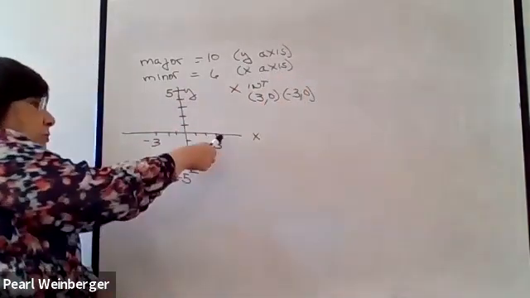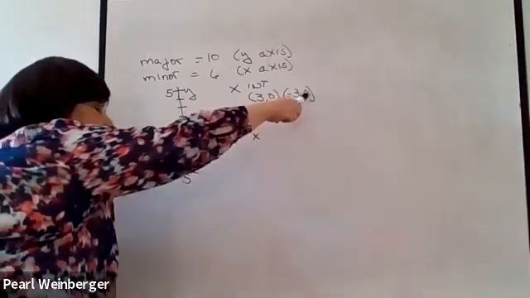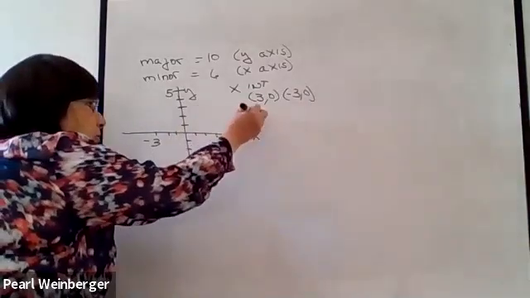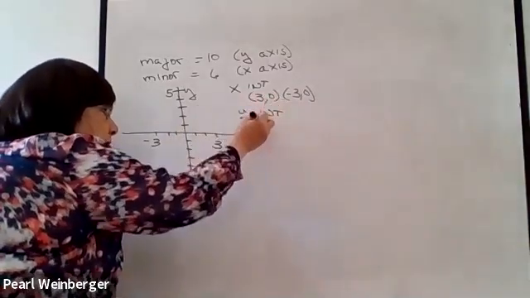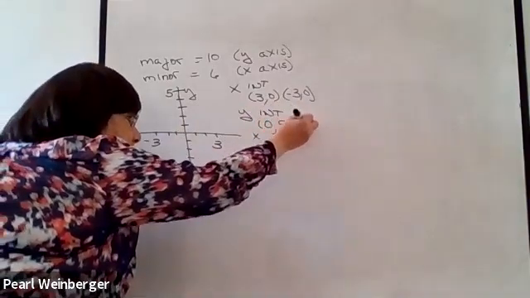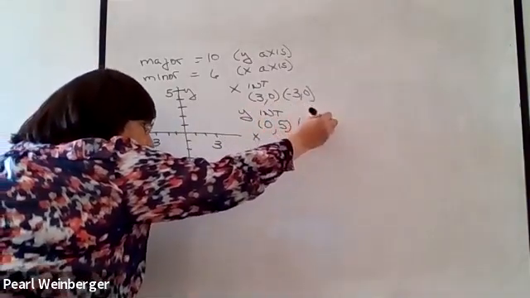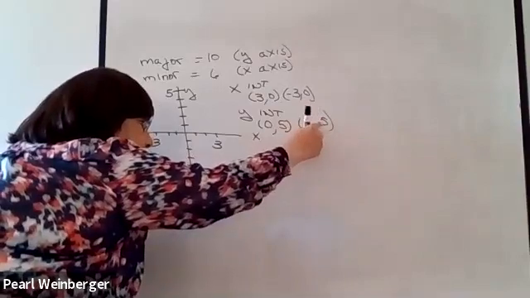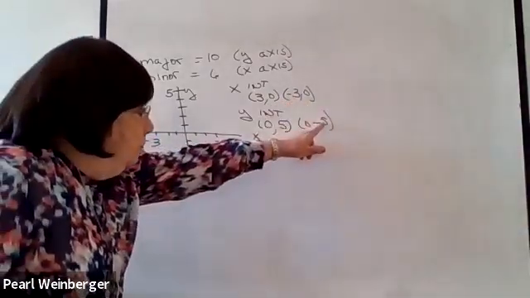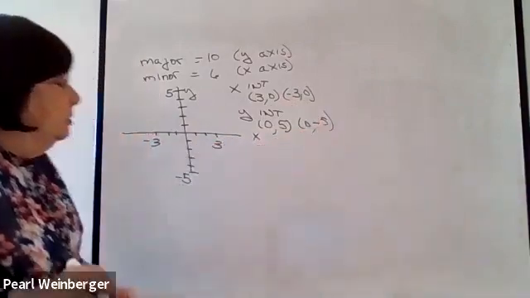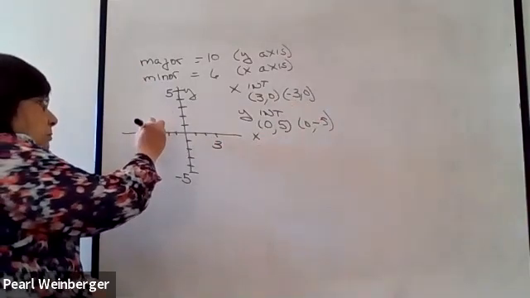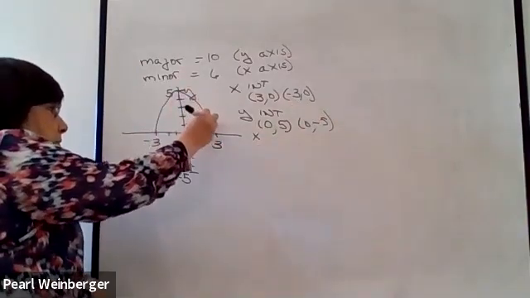Remember, in an x-intercept, the y of the point is 0, and the y-intercepts are (0, 5) and (0, -5). They didn't ask me to do this, but it's easy enough to figure out. In other words, this is what my ellipse would look like.